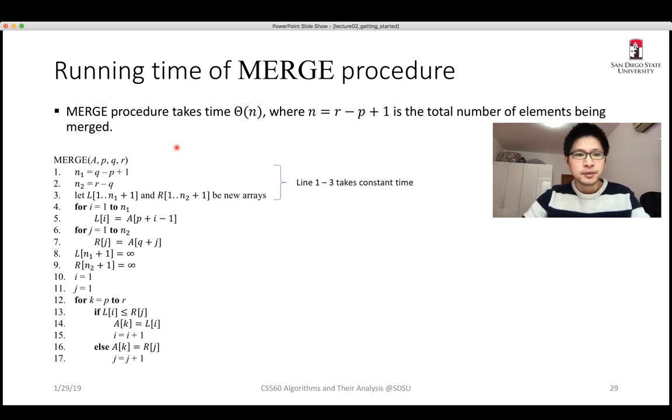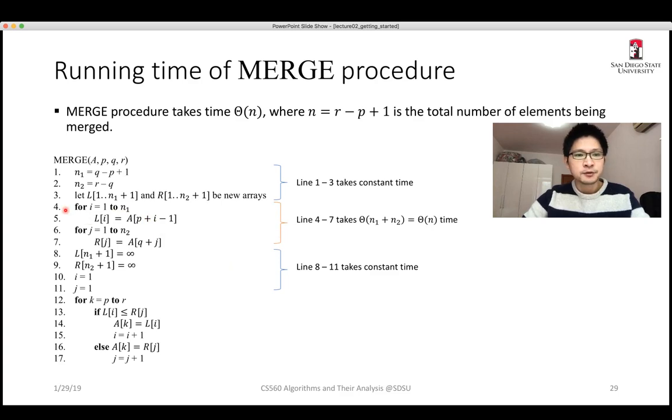From line 1 to line 3, we just compute n1 and n2 and create two new arrays. So these three lines take constant time. There are no loops involved. Lines 8 to 11 are also assignments of values, so they also take constant time. Then let's look at the first for loops, from line 4 to line 7.